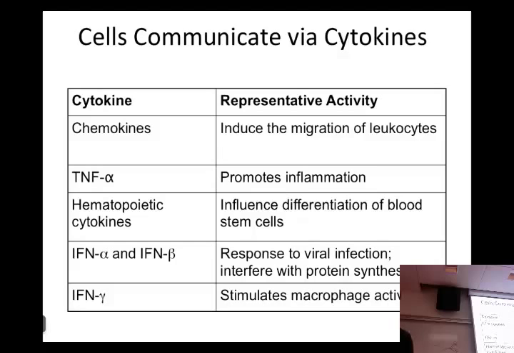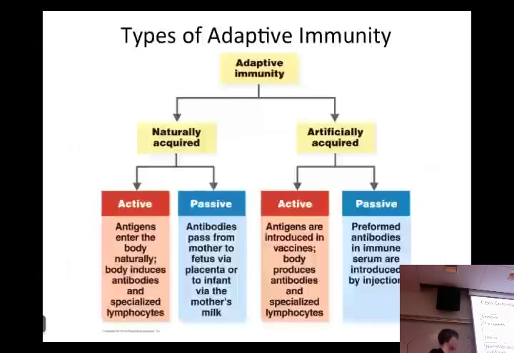Viral infection, okay? The infected cell makes interferon alpha and beta that diffuses locally and warns the neighbors to start mounting defenses. And the defenses that they mount are inhibiting protein synthesis of viral proteins. Interferon gamma, on the other hand, is a stimulating factor for macrophages.